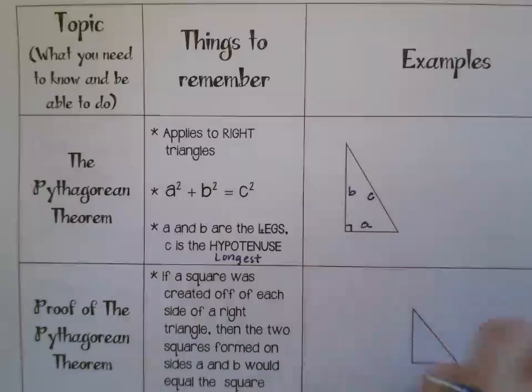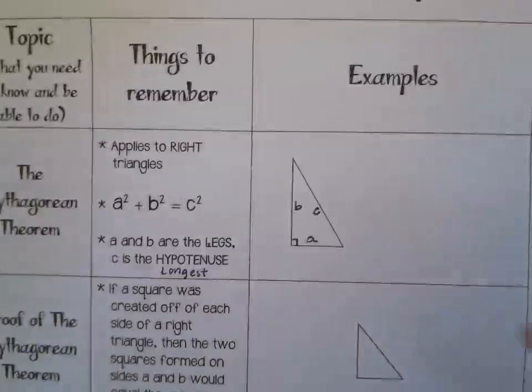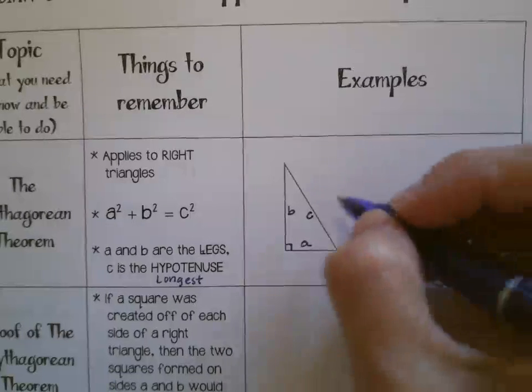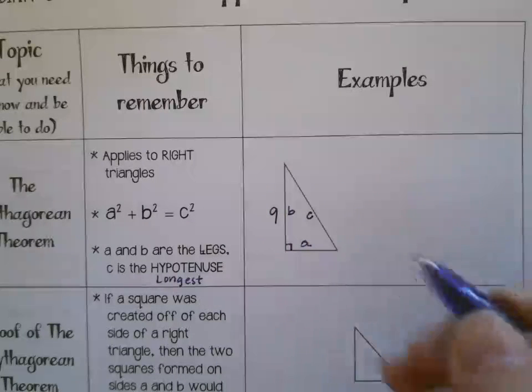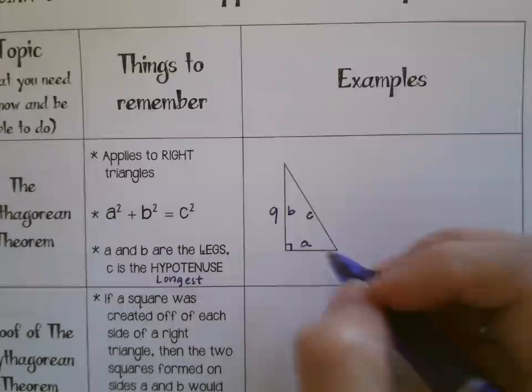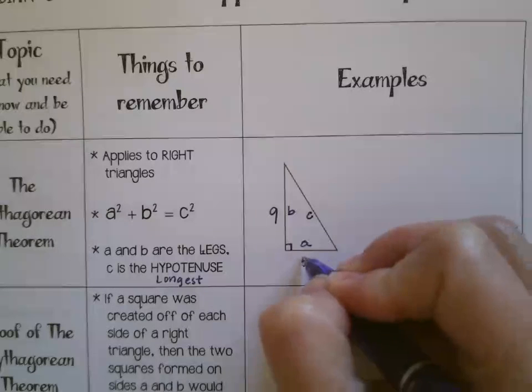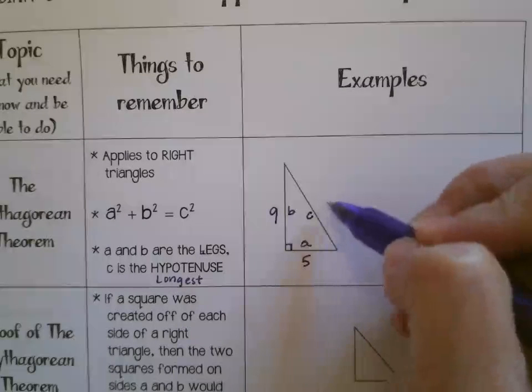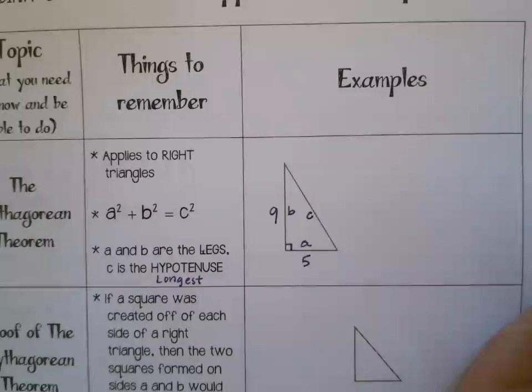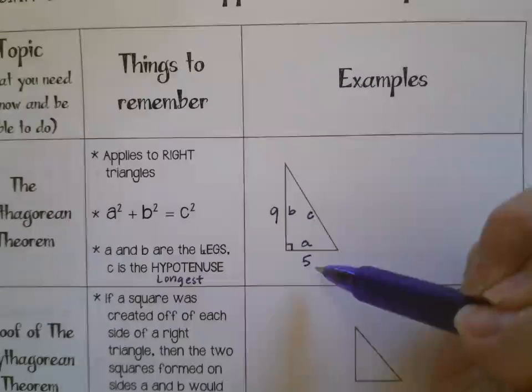So when we have a triangle, let's say maybe this side is 9, and maybe this side is 5, and you're asked to figure out what side c is. What we're going to do is fill this into our formula.